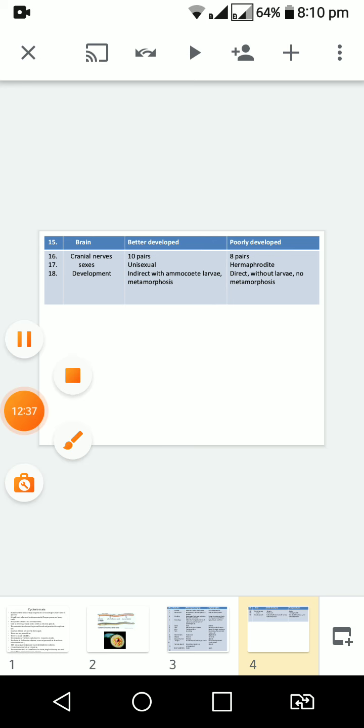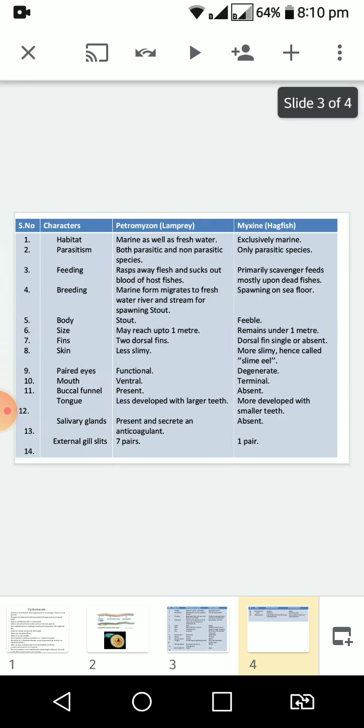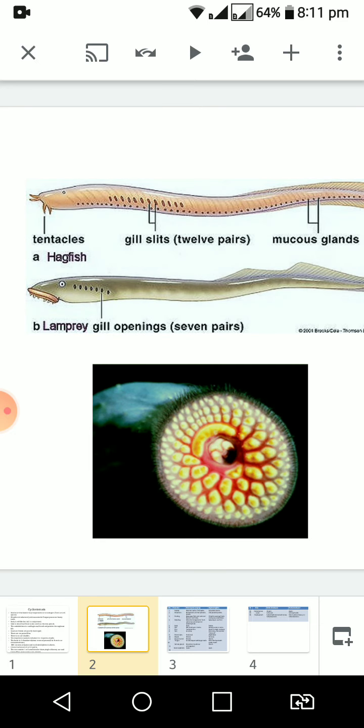So this is about the important characteristic features of petromyzon and myxin, and these are the two important animals which are included under cyclostomata.